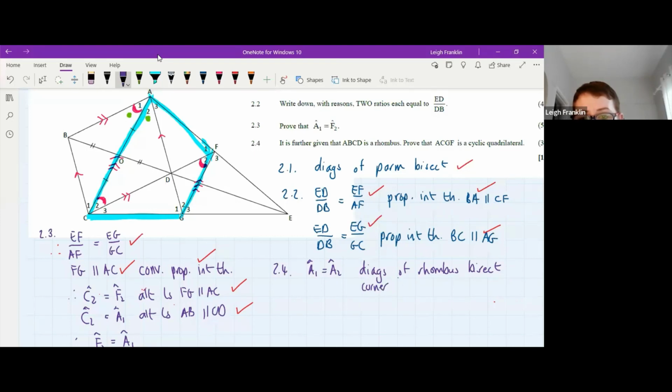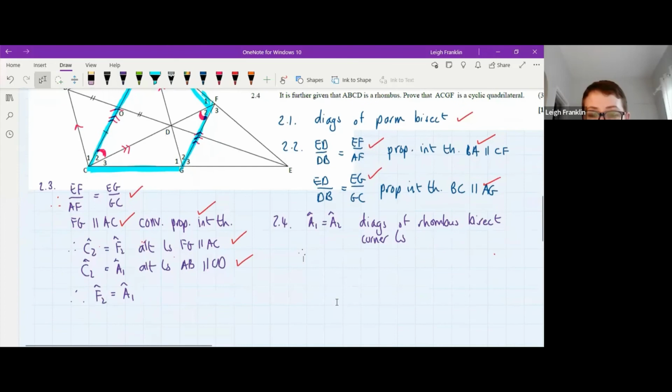That means F2 equals A2, because they're both equal to A1. Therefore, ACGF is cyclic, and our reason for this was converse angles in the same segment.